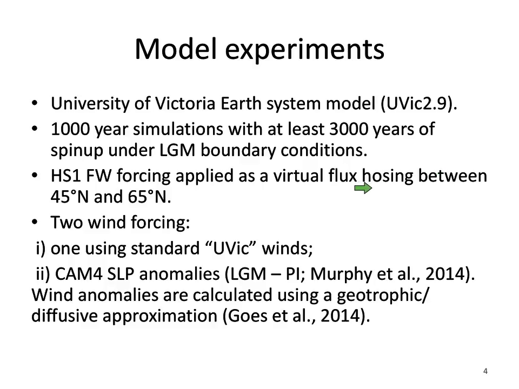To simulate the Heinrich Stadial events, we apply a forcing in the North Atlantic between 45 and 65 north, done via a virtual flux of freshwater. Then we explore the wind in UVic. The wind is simulated as anomalies to the present-day NCEP climatology, via sea level pressure anomalies, and then it is calculated geostrophically.